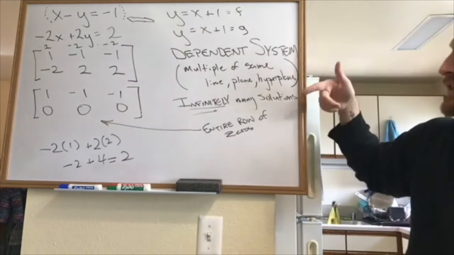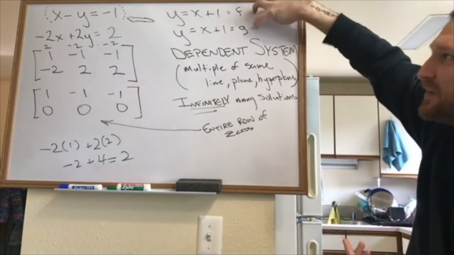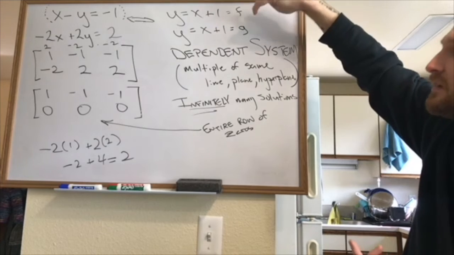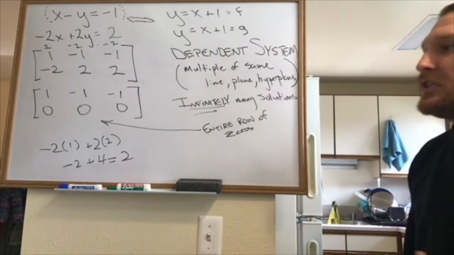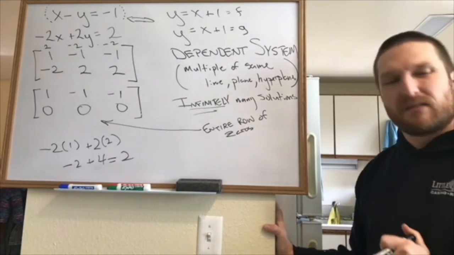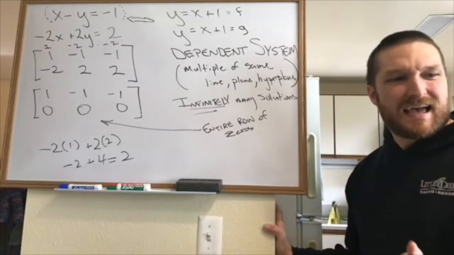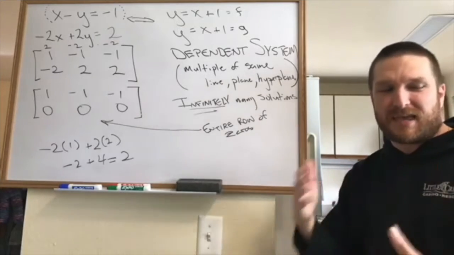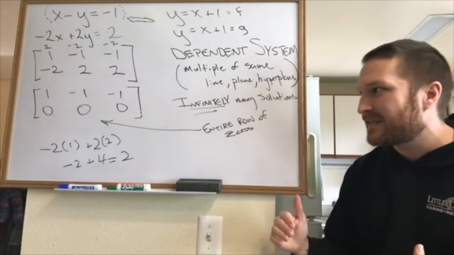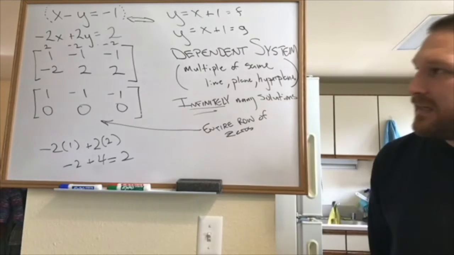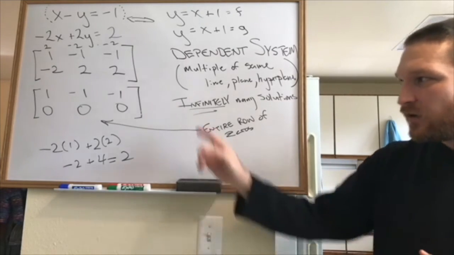If one equation is a multiple of the other, then they're the same thing, which means that there are infinitely many solutions to that guy. You see how that works, right? I've basically stated the same thing a few different ways, but that's going to be the key right there. That's how you'll notice it.